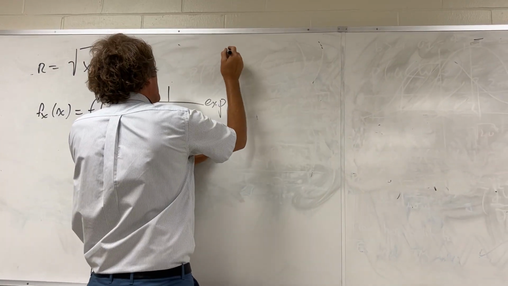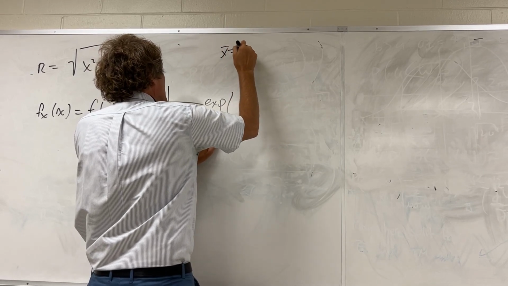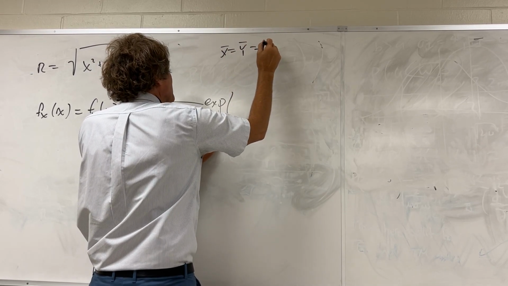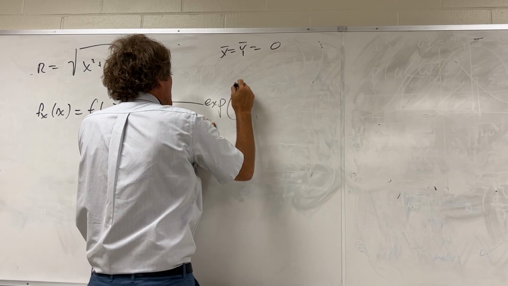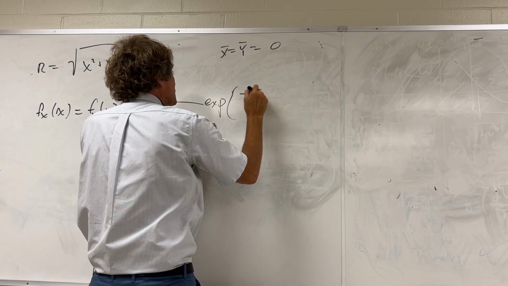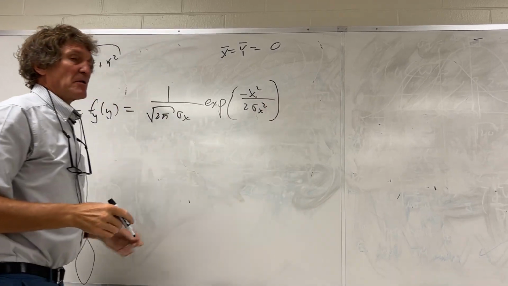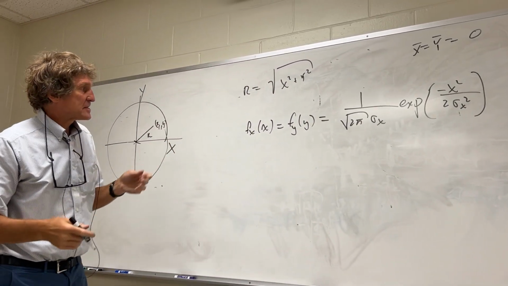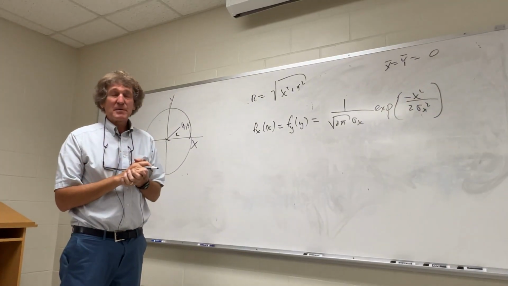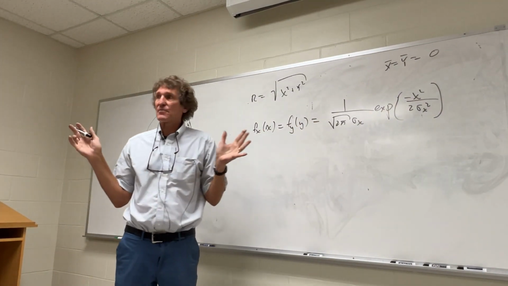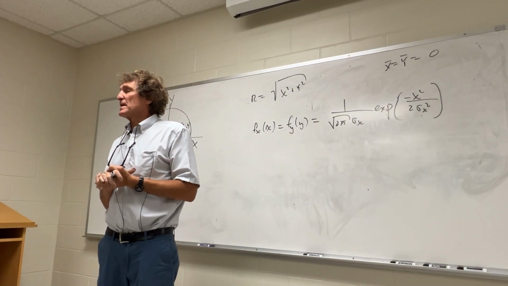We're going to assume both have 0 mean. We can account for a non-zero mean, but it doesn't usually appear. And by the way, if f of x and f of y had 0 means but different sigmas, we can account for that too. What I want to do is make it simple at first.